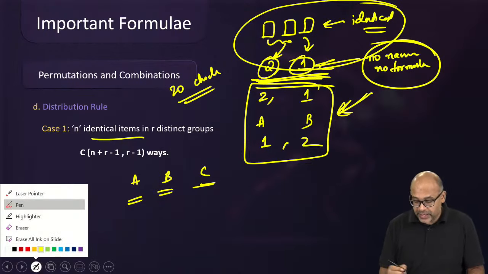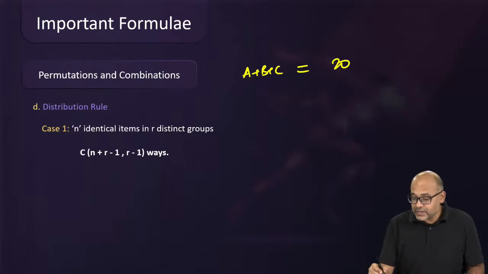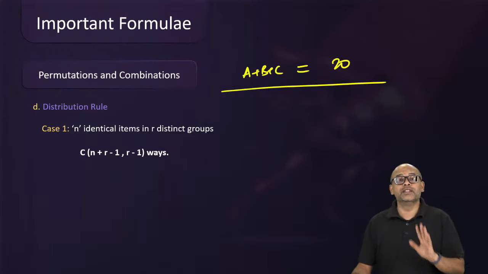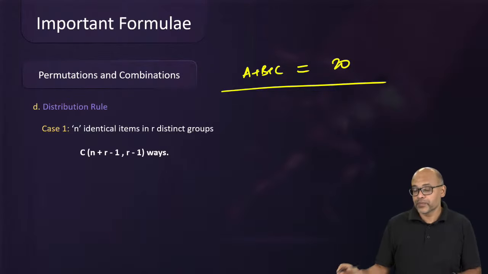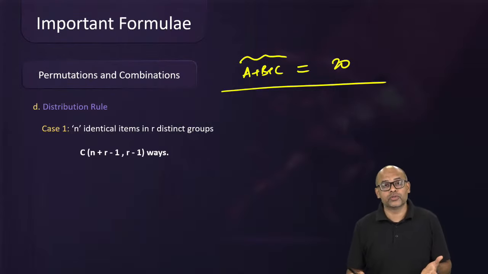When the naming comes, then you're basically saying that A plus B plus C is equal to 20. This comes under the concept of the sum of non-negative integers. Chocolates can go 0 to a person also, so non-negative, 0 is included.